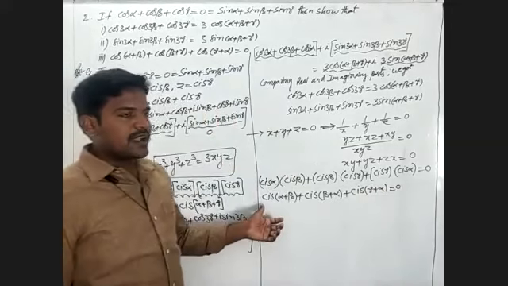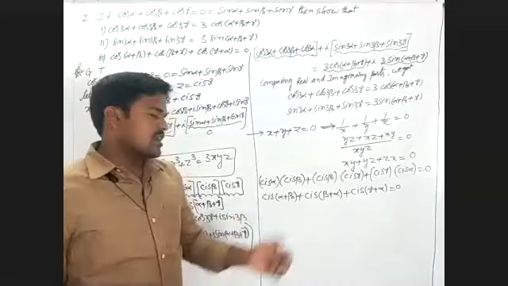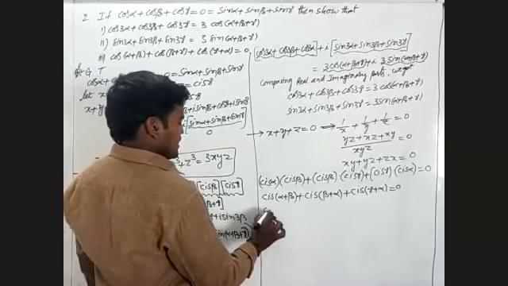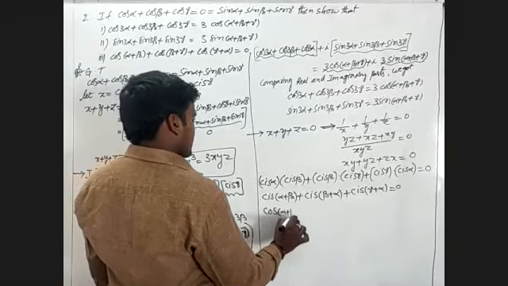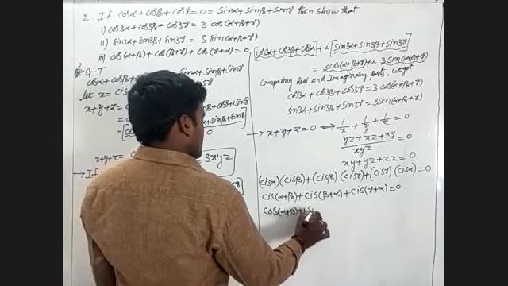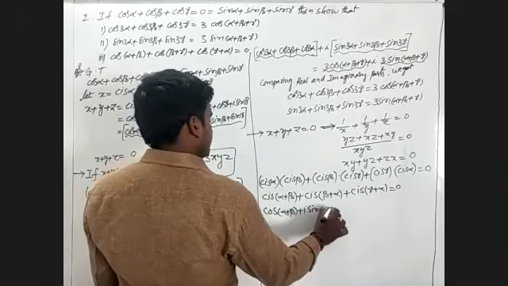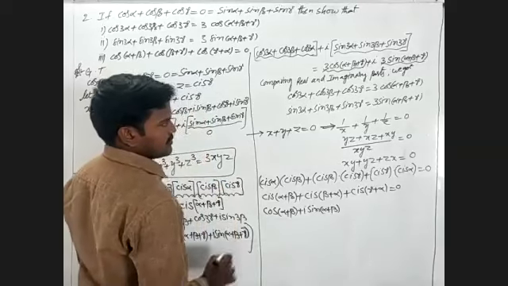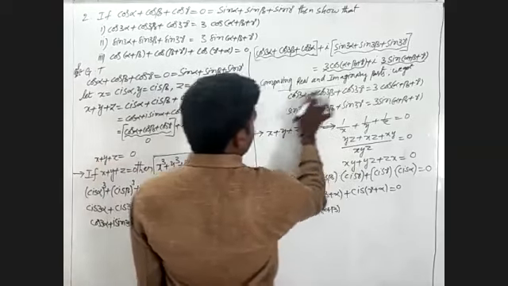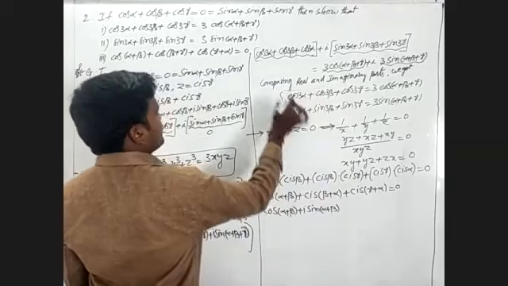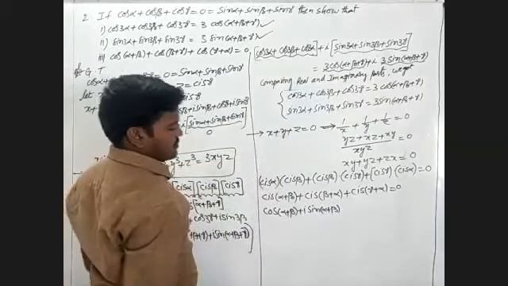Here we have the expansion of cis, which is cos of alpha plus beta plus i sin of alpha plus beta. This is the first two conditions we will prove.